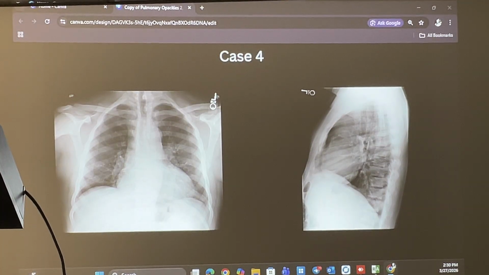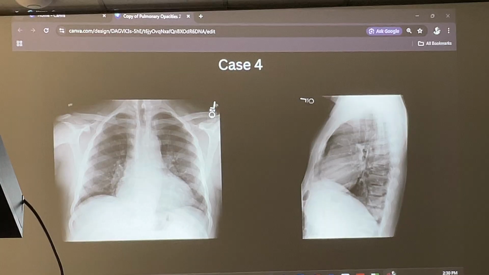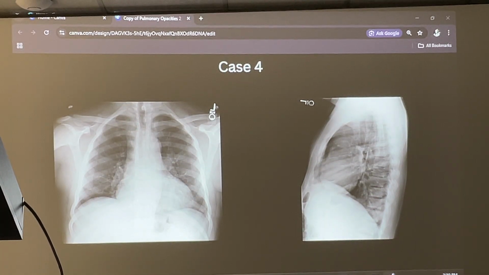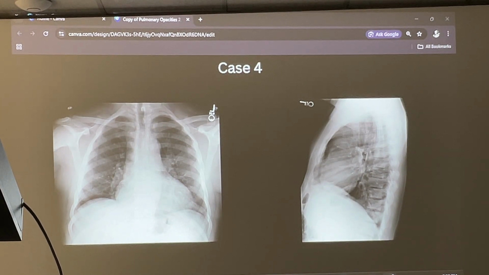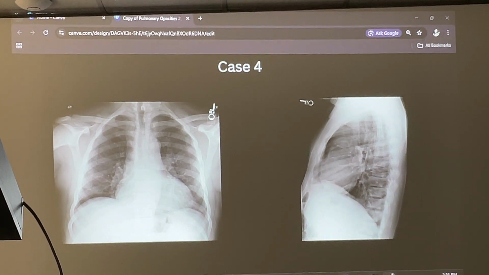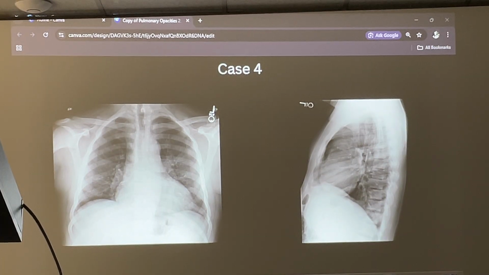But on the left side you can see it on the lateral. In the frontal image, can you see anything abnormal, except the heart size? The left side diaphragm is blurred. On the lateral chest X-ray, that border is lost on the hemidiaphragm border.